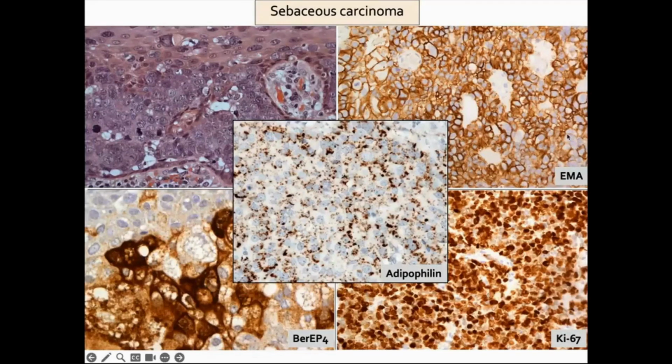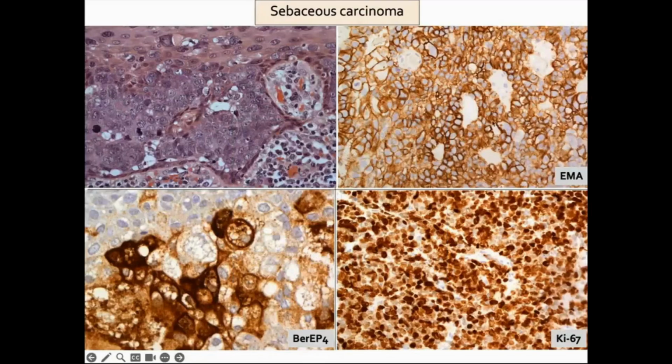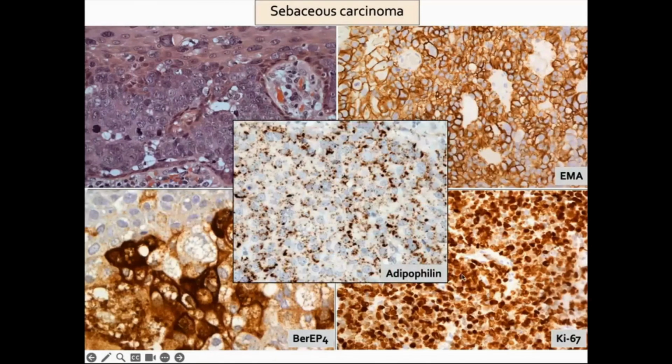So the typical panel that we use is EMA, Ber-EP4, and the adipofilin, and the Ki67 demonstrates how many cells are in the process of cell cycling, and really is evidence of this very aggressive tumor.